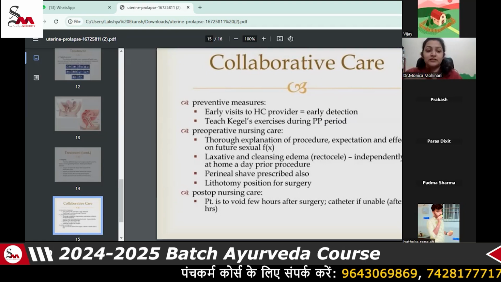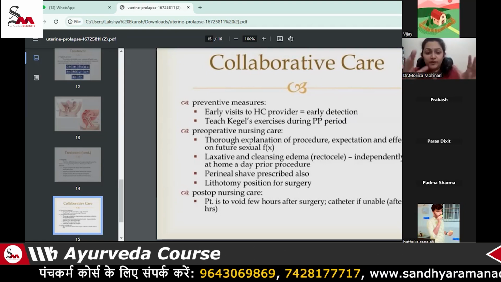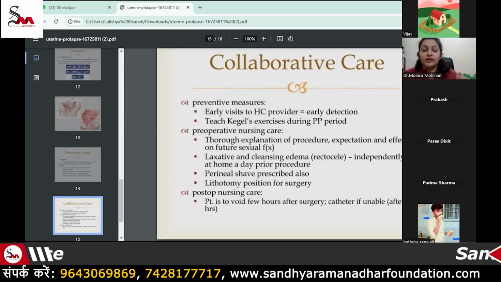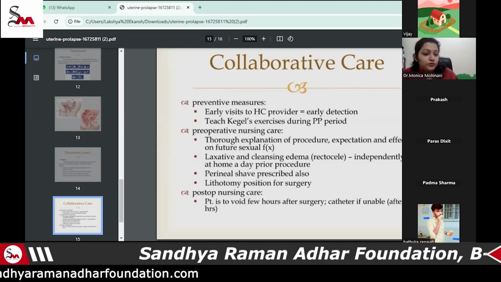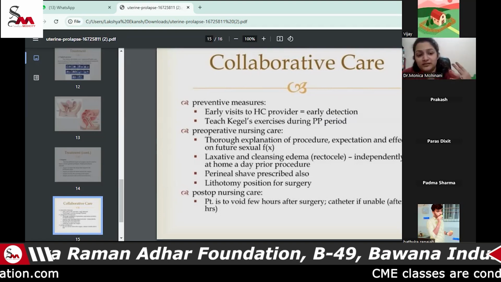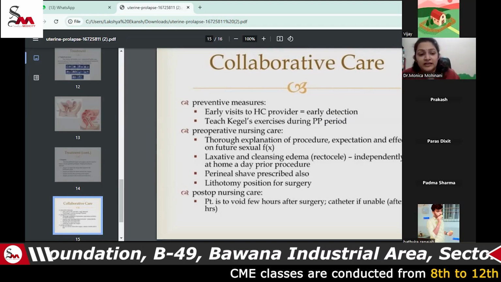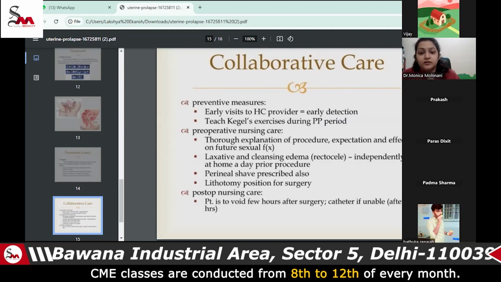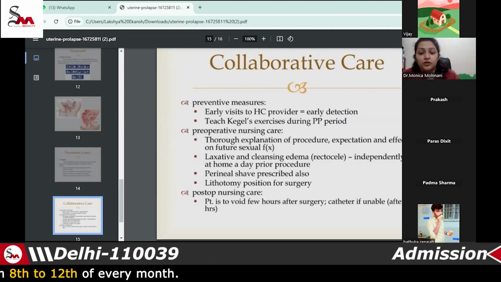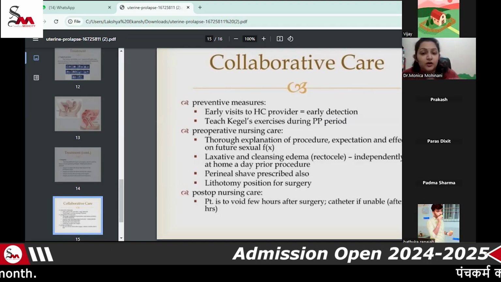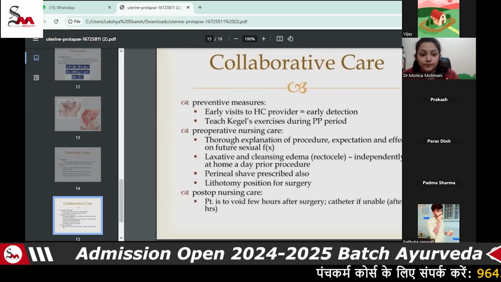Pelvic floor exercises like Bhadrasan and all that make the pelvic floor strong. Some asanas, or the counseling at the time of delivery, that you don't have to give extra effort, and all these activities taught at that time help the smooth delivery, the smooth changes, and postpartum care also.